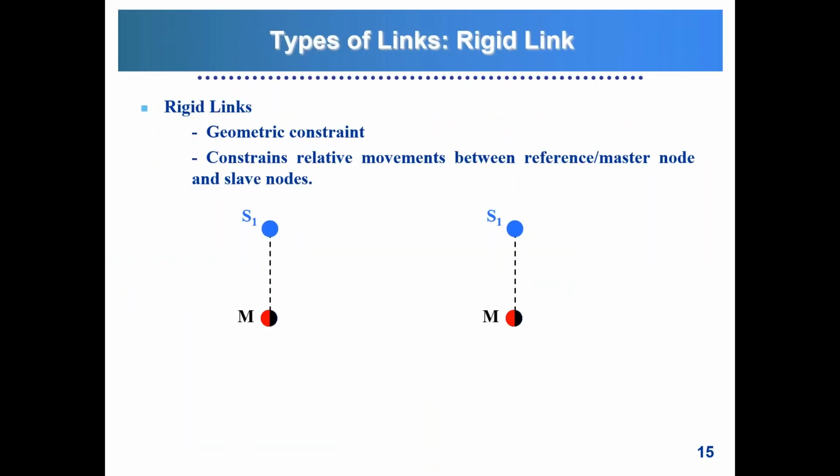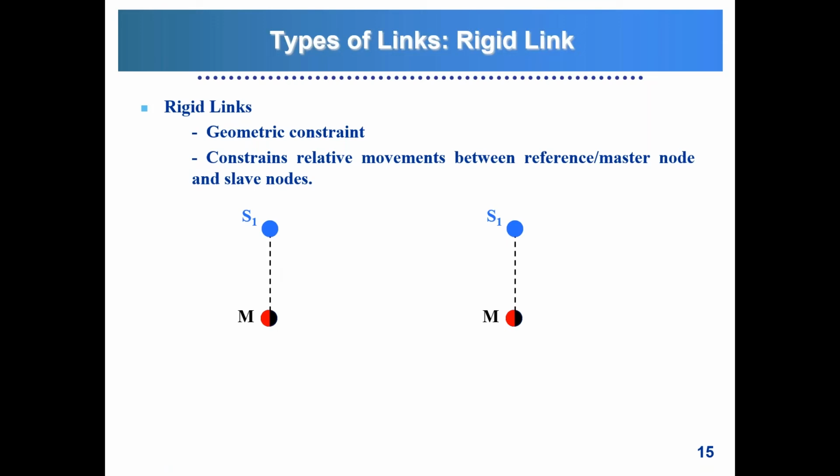Now, moving on to rigid links. As I mentioned before, rigid links are more of a geometric constraint. So what it does is it keeps the distance between the nodes that are being constrained constant throughout the analysis.